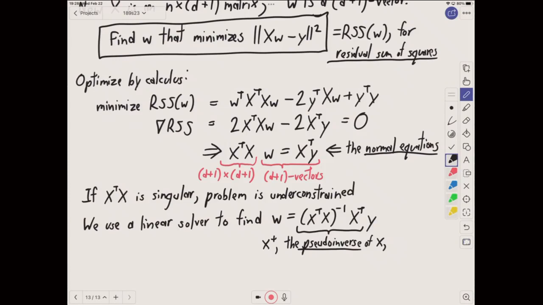And the pseudo-inverse here is a d plus 1 by n matrix. Remember that X itself is an n by d plus 1 matrix, so we've just swapped the two numbers there. So again, we're never going to compute X plus directly, because we don't want to compute the inverse directly. But again, we are interested in the fact that w is a linear transformation applied to y.